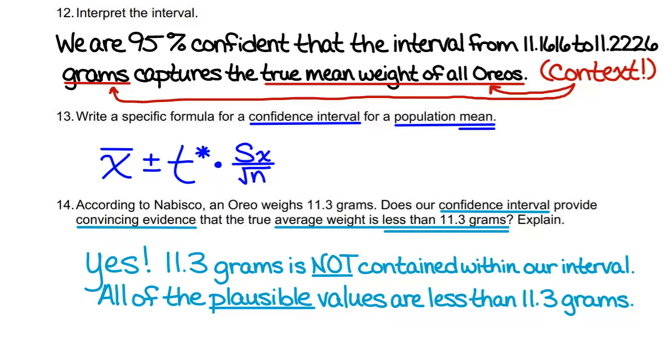Does it become more or less normal? More normal. The larger the sample size is, the more normal it's going to be. Is it possible to have... No, because it's always your sample n minus 1 for degrees of freedom here.